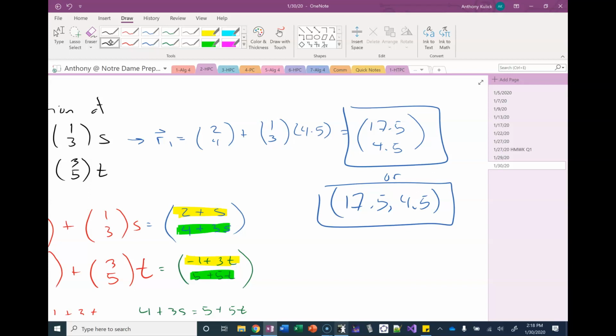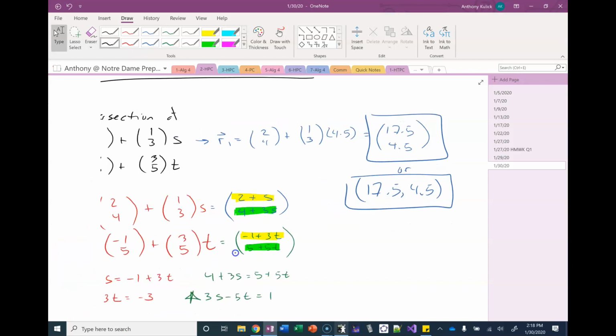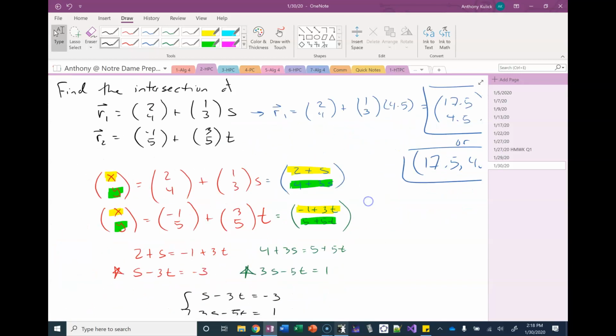So that's kind of a lot of work, but it's not anything that's unfamiliar, right? They're all just using techniques that we've learned before. So just to review, what we did is I took my two vector equations and I wrote them as an x and a y equation, and I took the two x equations, stuck them together.